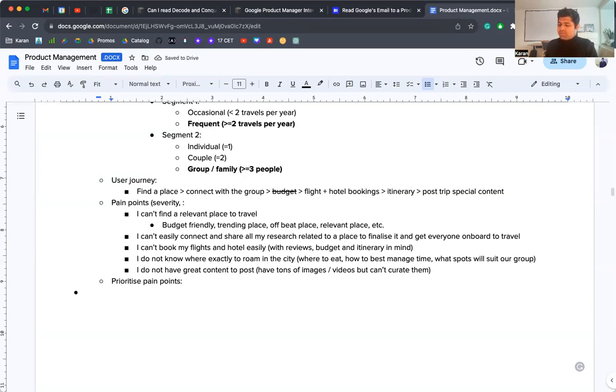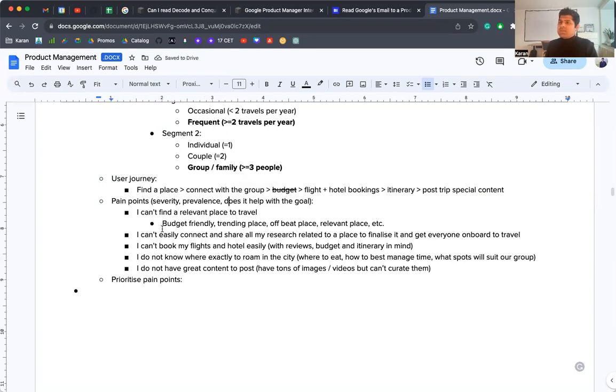Let's look at prevalence. Does it help with the goal? Okay, so I think let's take these three parameters and think about prioritizing it.